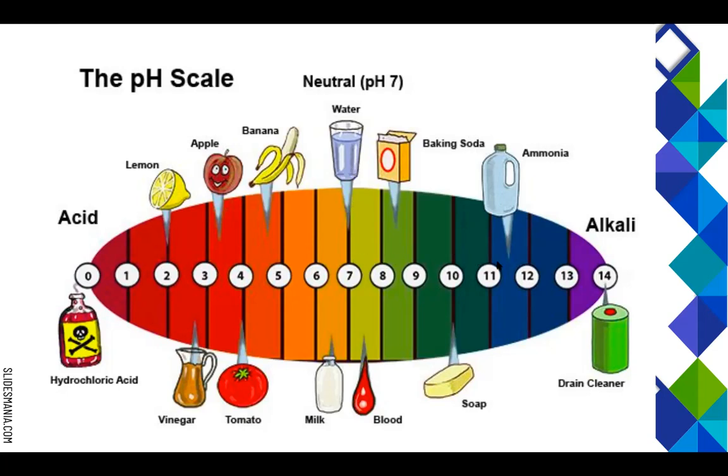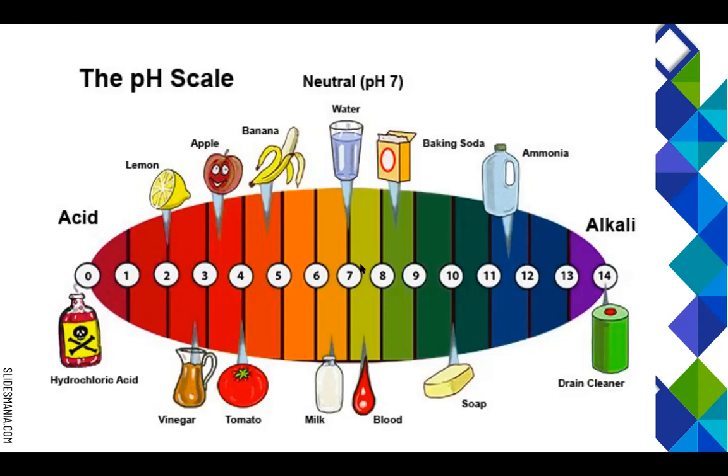Anything above 7 would be considered basic, or alkali is another word for basic. All right, so you'll see here that the numbers are increasing. The increasing level over here, going above 7, tells you how basic something is. So right after 7, around 8, we have a weak base. But if you go all the way up to 14, that is a very, very, very strong base.